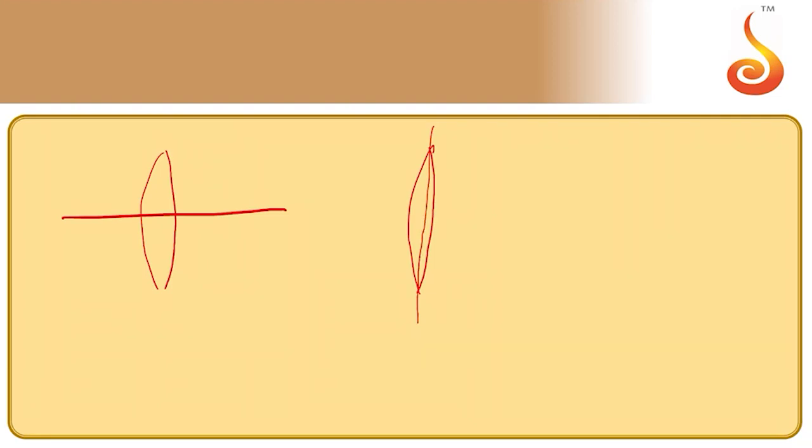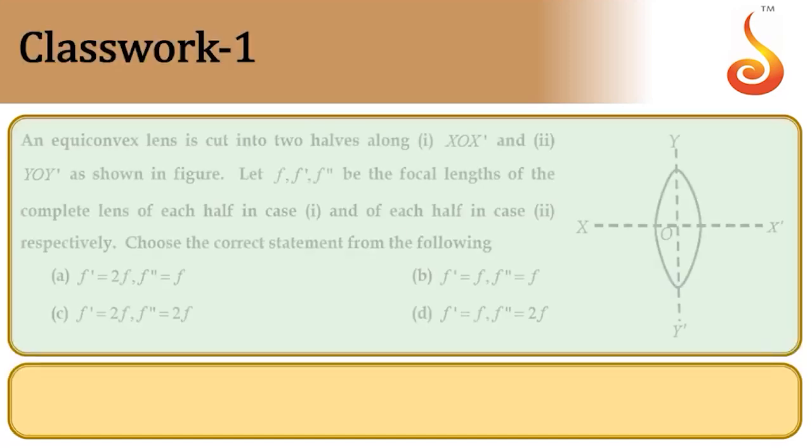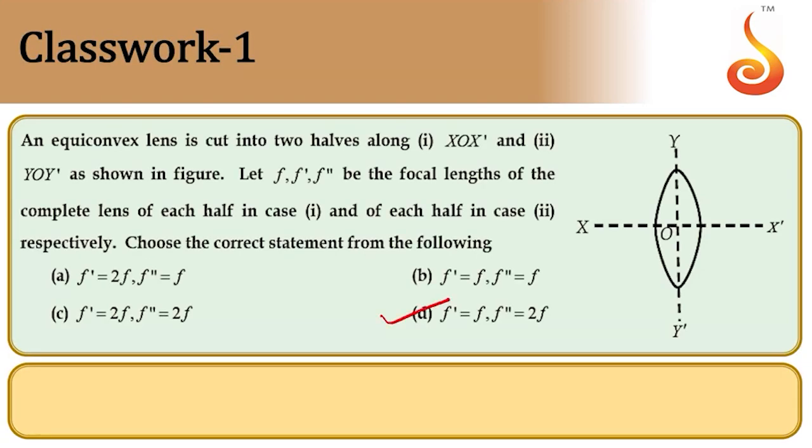In the horizontal cutting, f dash is equal to f, because R1 and R2 do not change. While in this case, f double dash becomes 2f, because R1 or R2, any one of them becomes infinity. Thus, f dash is equal to f, while f double dash is equal to 2f. D is the correct choice.